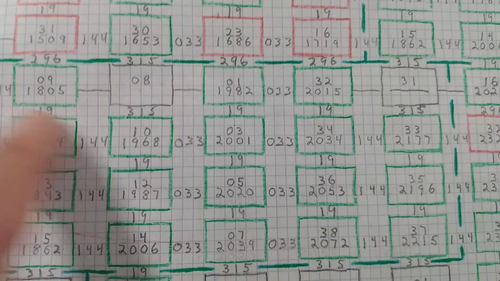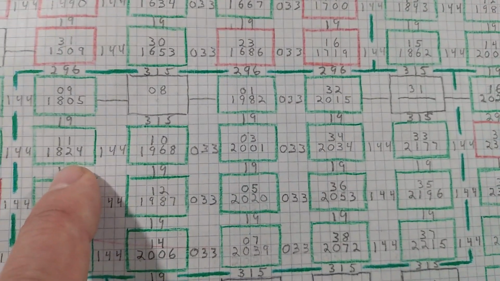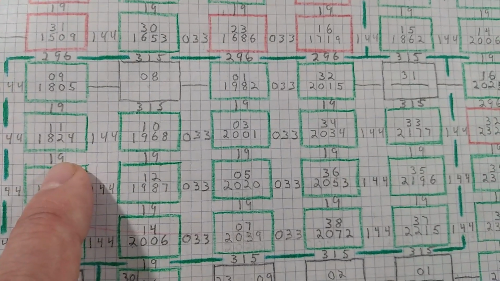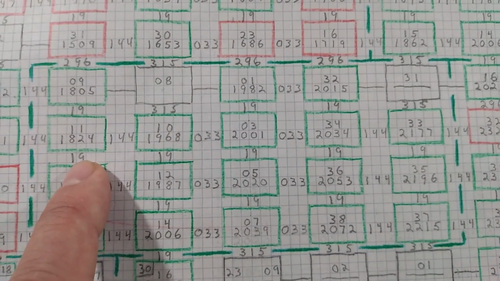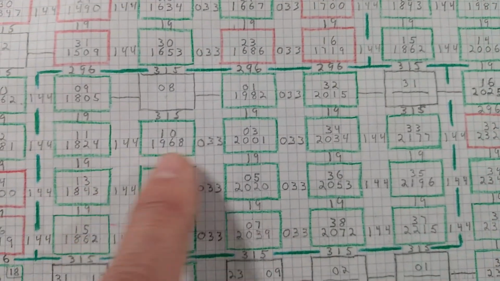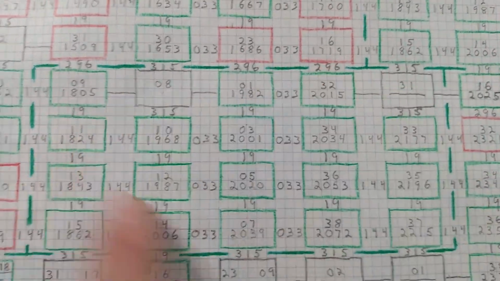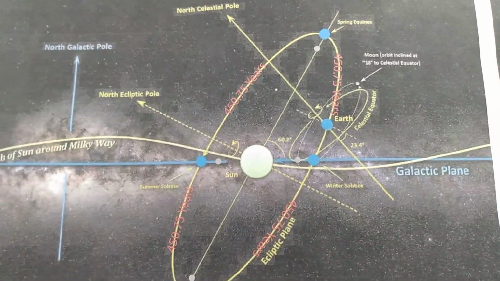These are all connected in 19 years, 315s and 296s, exactly in years, and then 32.75 years and 143.75 years, all connected together.